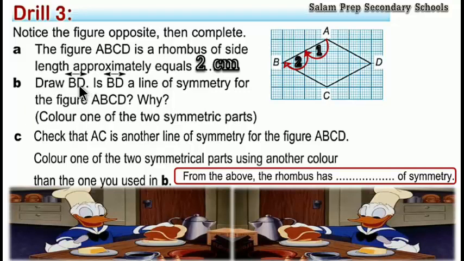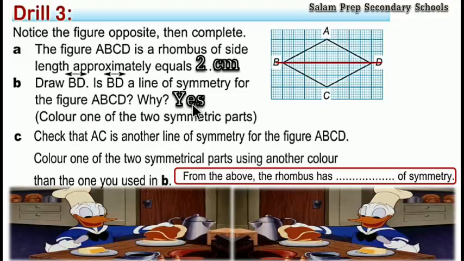Draw straight line BD, like this. Is straight line BD a line of symmetry for the figure A, B, C, D?